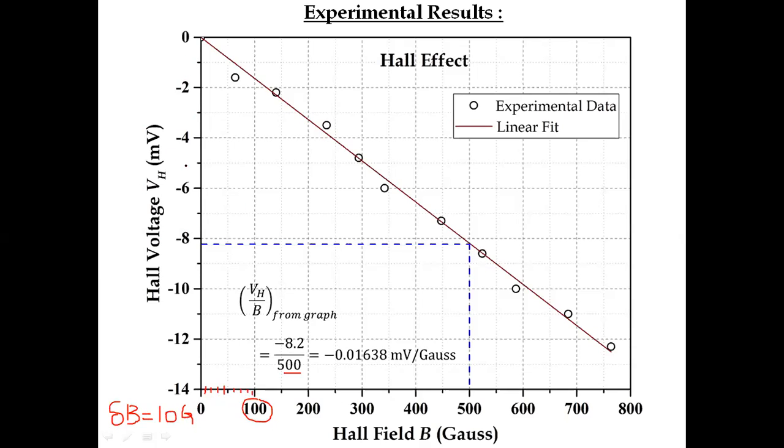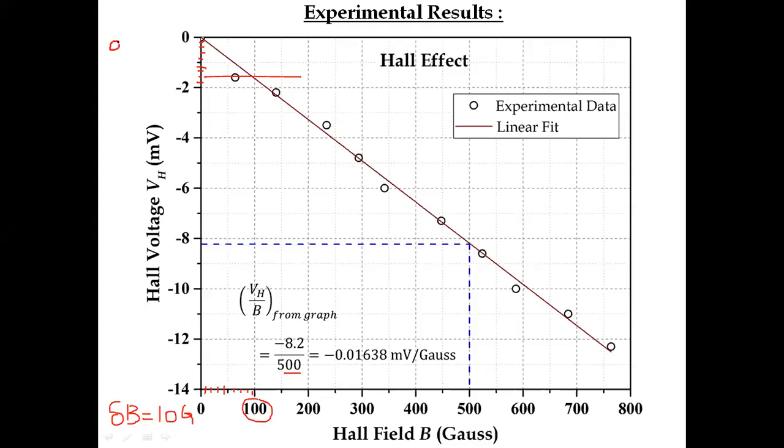Similarly, if you look at the y-axis, that is the Hall voltage, again there are 10 divisions. From 0 to minus 2, let us say, in between there are 10 divisions.